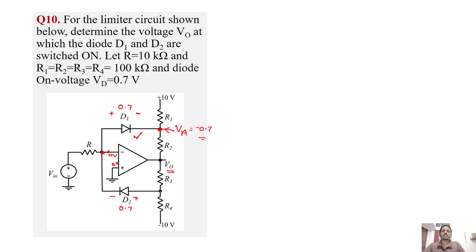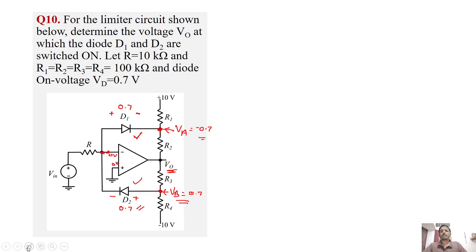So say this voltage is VB. I need a voltage here with respect to this point equal to 0.7. So when VB equals 0.7, the diode D2 is switched on. So we need to find the value of voltage V0 such that VB equals 0.7. At that voltage only the diode D2 will be switched on. So these are the two conditions.